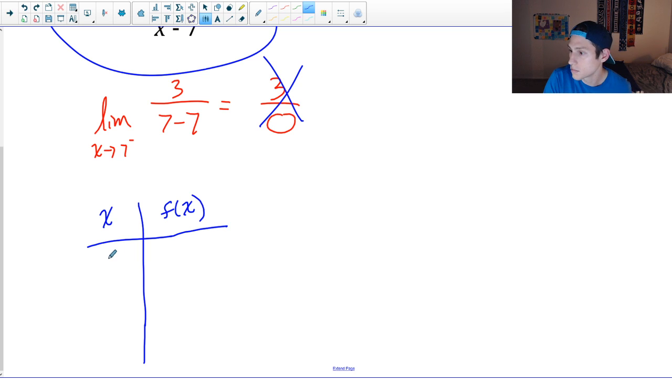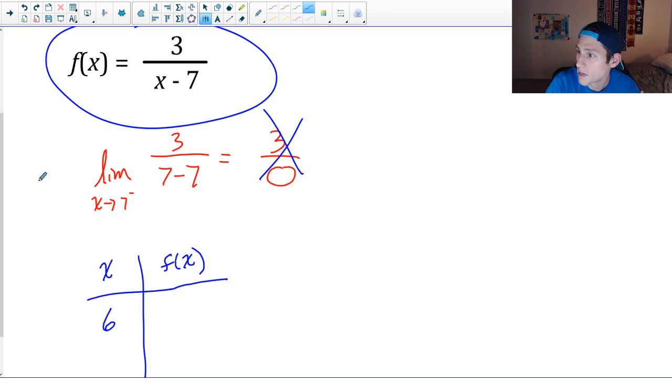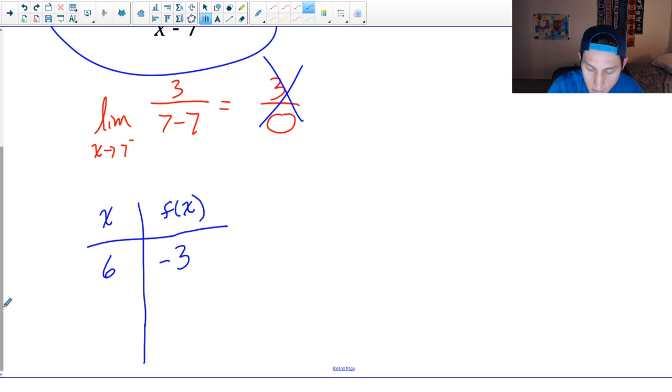So let me start by plugging in 6. So 3 divided by 6 minus 7. So that's 3 divided by negative 1. So negative 3. But what about if I get closer to 7 from the left?